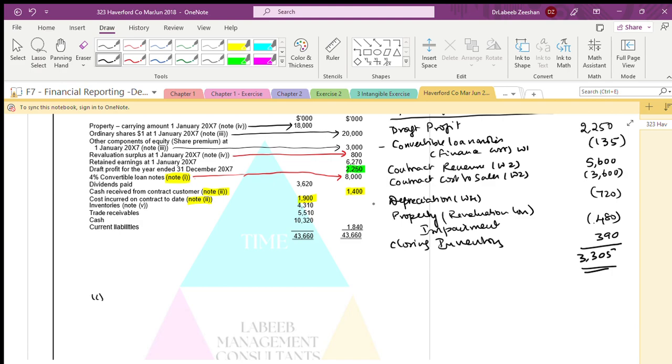Statement of changes in equity for the year ended 31st December 2007.